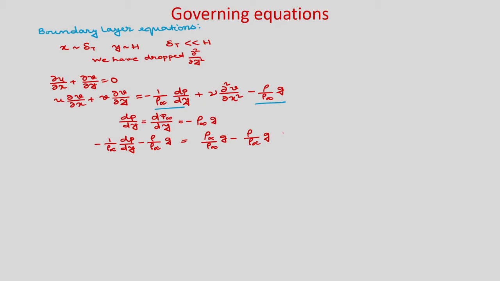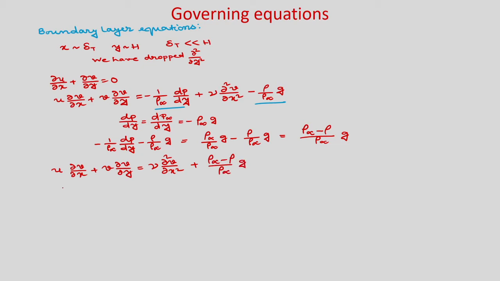So, it will become rho infinity minus rho divided by rho infinity into g. So, your momentum equation buoyancy term you can write as rho infinity minus rho divided by rho infinity into g.